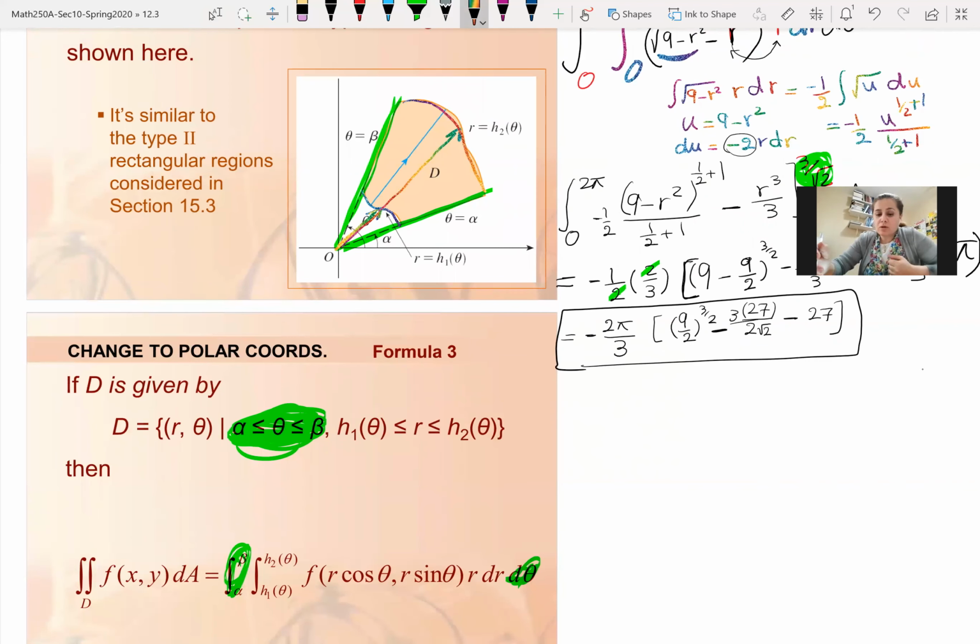If you call it type 1 or type 2, it's fine. There is no real name we need to know. I mean, there is a name, but we don't need to know the names, okay? So this is similar to the type 2 in rectangular region.